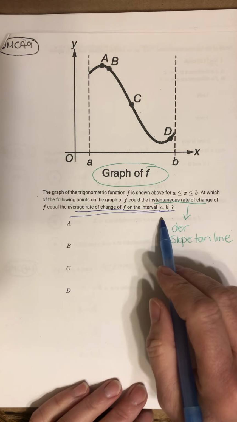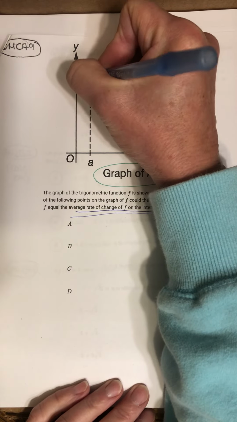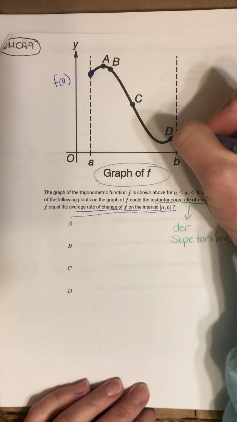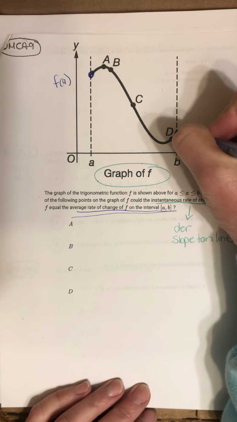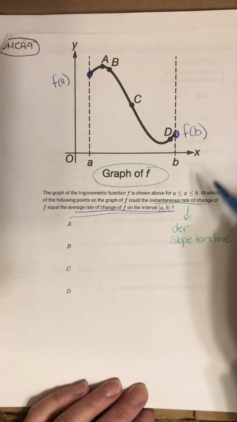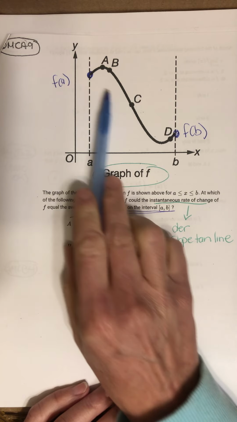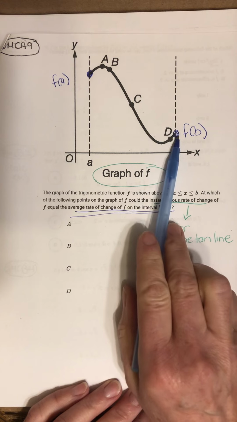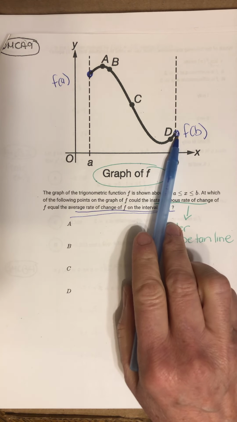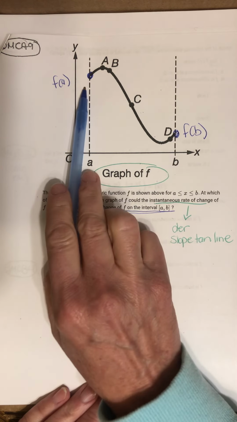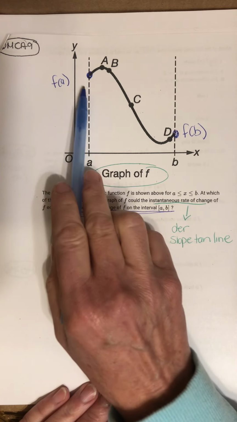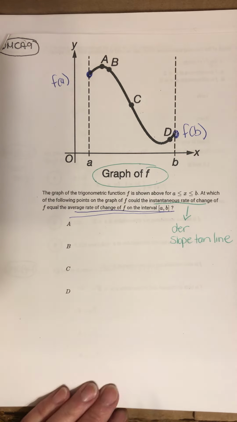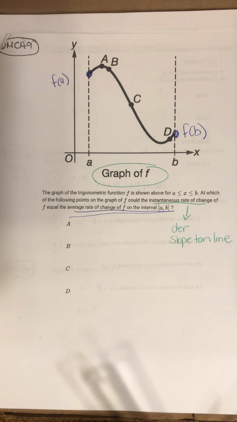The average rate of change would be: here is f of A, and here is f of B. If I drew this line from A to B, the slope of that line would be the average rate of change of this function from A to B. That's what the slope of the line represents, if I connect those two points.